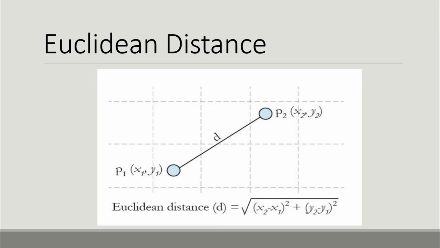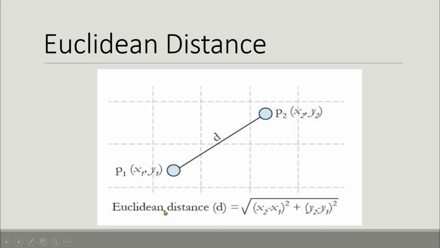There is an example to find Euclidean distance. We can see there are two different points, P1 and P2. P1 has a coordinate of x1 and y1. Also P2 has a coordinate of x2 and y2.